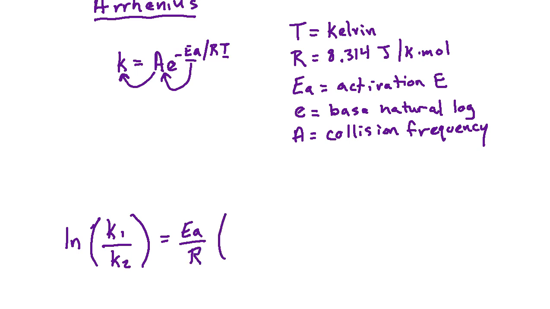And then you can relate those to temperatures, where you have T1, and you subtract that from T2, and then you have T1 times T2 right here. So this equation, especially if you have the rate constants, can be used to determine, let's say, the energy of activation.